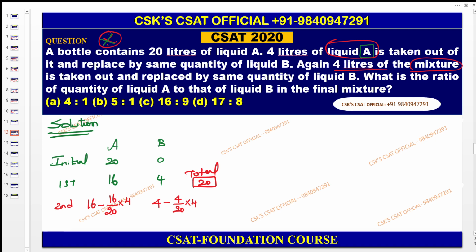After taking part, just move on to the replacing concept. Replaced by the same quantity of liquid B. Same quantity means how much here? 4 liter. 4 plus 4. That's it. Find out the ratio of this one. 16 minus 16 by 20 into 4, by 4 minus 4 by 20 into 4 plus 4.